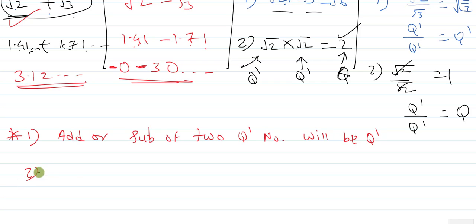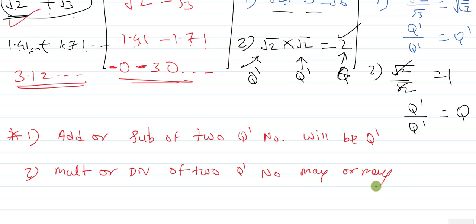Okay. And second one, multiplication or division of two irrational numbers may or may not be irrational. That means multiplication or division of any two irrational numbers can be a rational number, can be an irrational number.